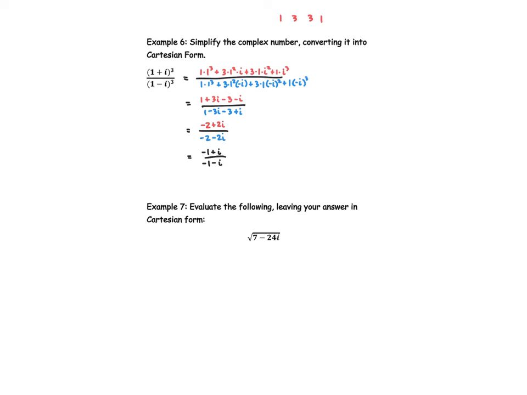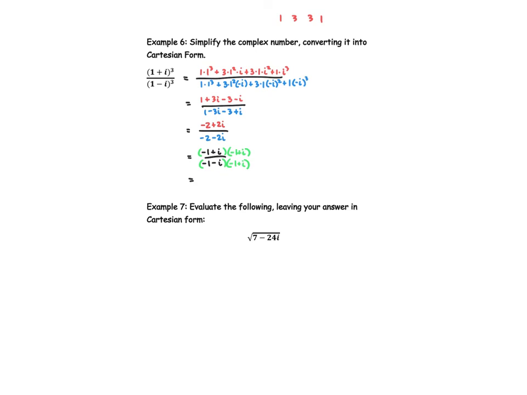Okay, so I'm going to multiply by the conjugate of the denominator, which actually ends up being the numerator. So it'll be negative 1 minus i, plus i, negative 1 plus i. Okay, so I'm going to use my shortcut here. Conjugates multiplied together will be the same as the modulus of the denominator squared, right?